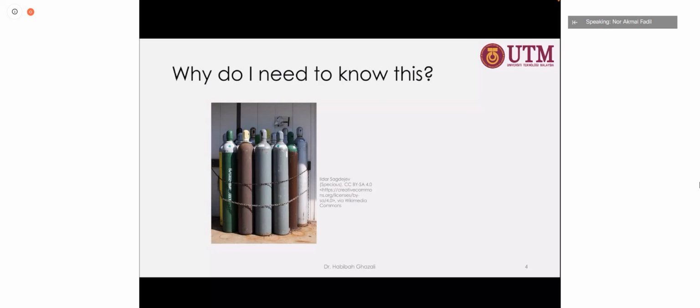If yes, how long does it take? Even though it is steel, if atoms of oxygen diffuse from outside, or the gas inside the container diffuses from inside to outside, what will happen? That's the reason we need to know about the diffusion behavior.